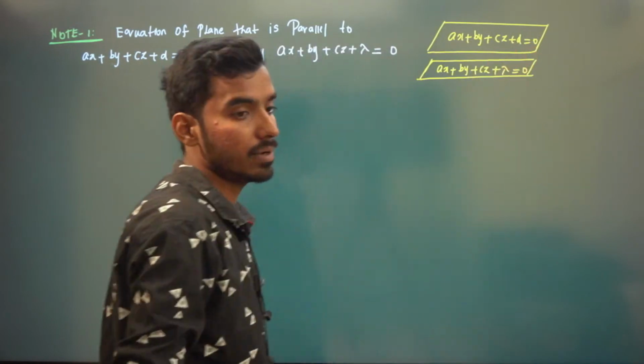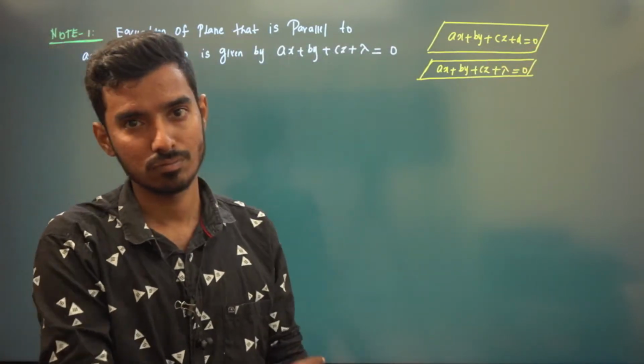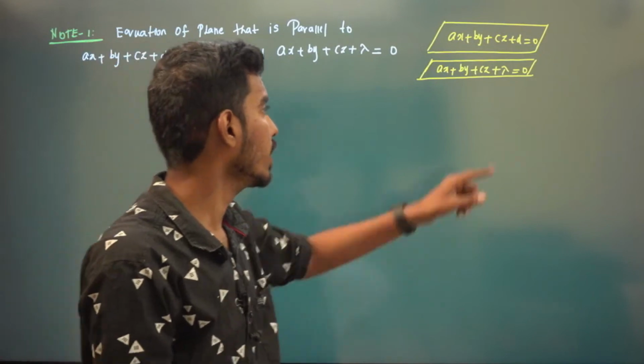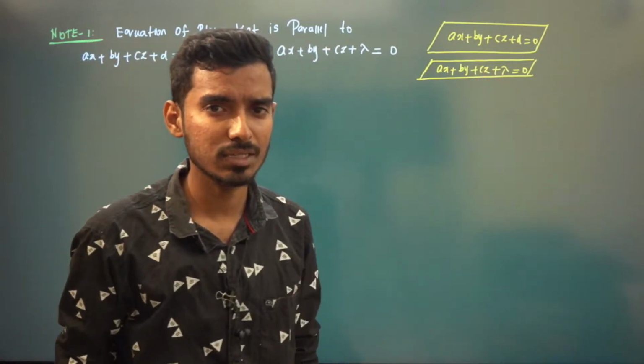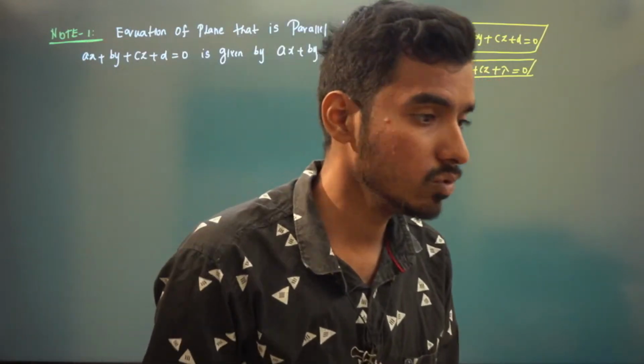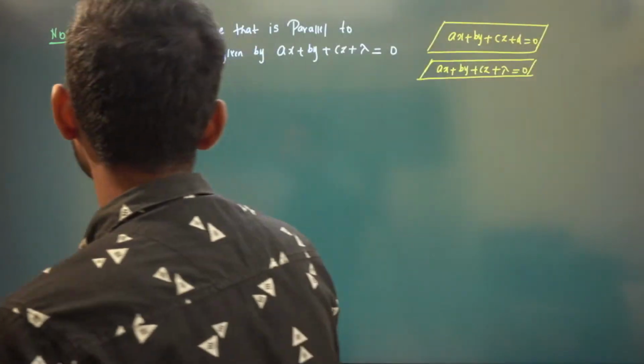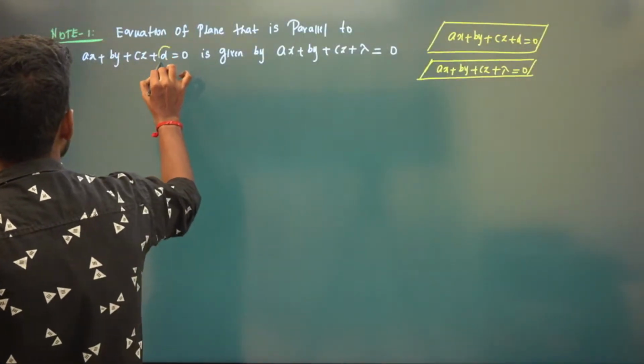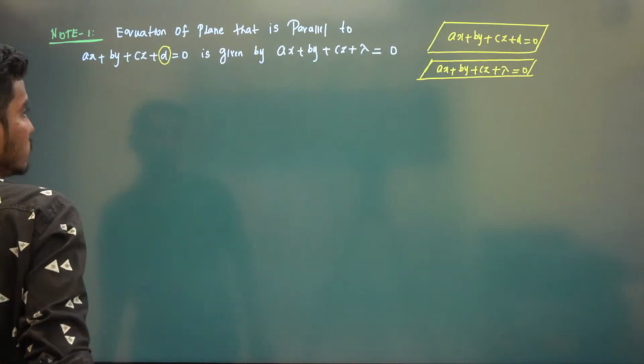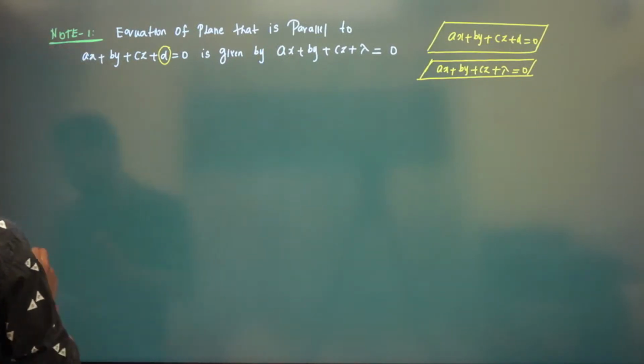You just have to replace the d by plus lambda. Very important. And you have to find the unknown lambda using some condition. They will give some condition, so we'll do that from the problem point of view. Is it clear? This is the first note, a very important note.